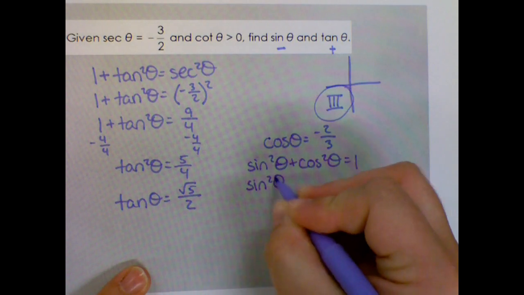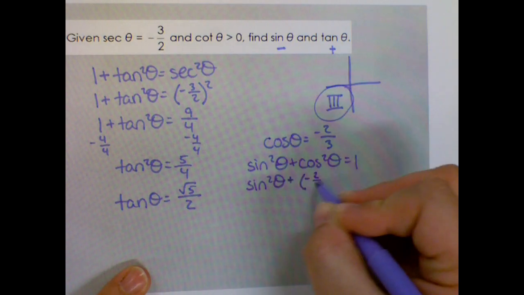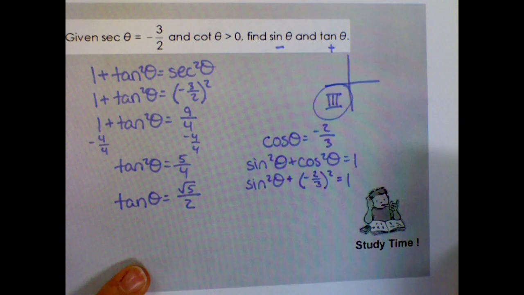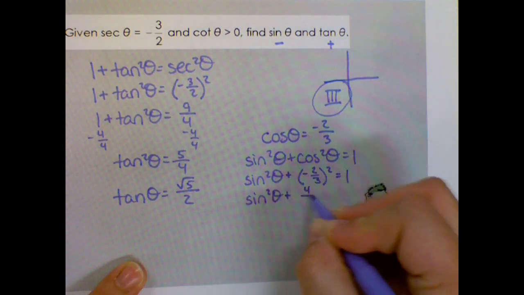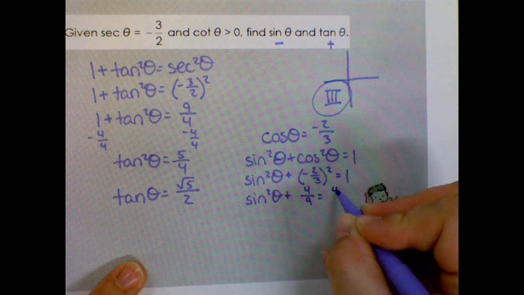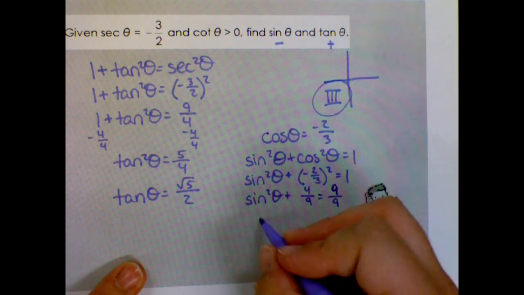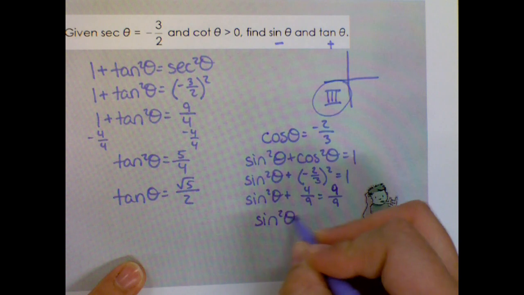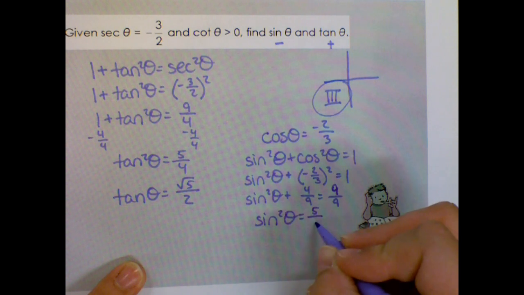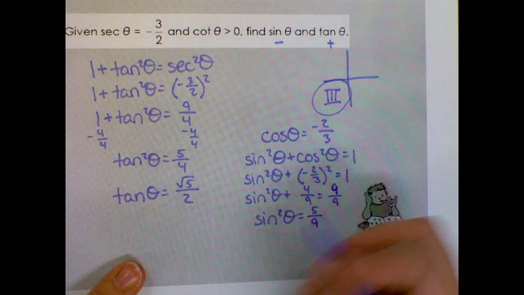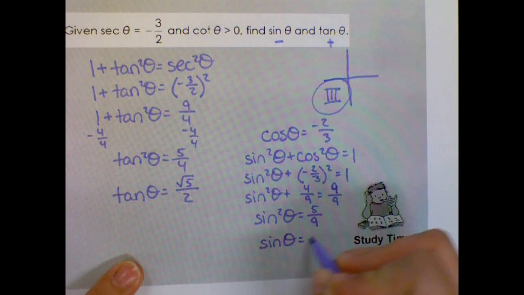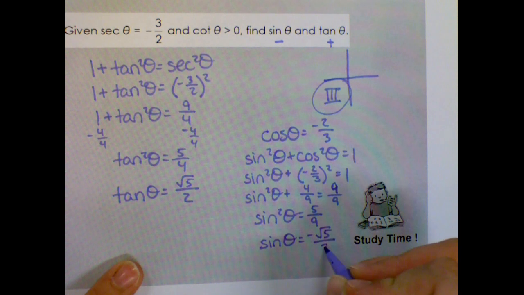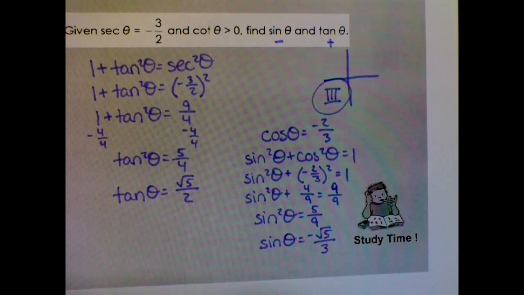So sine squared plus negative 2/3 squared equals 1. Sine squared plus 4/9 equals 9/9. Sine squared equals 5/9. We know that the sine is negative, so sine is negative square root 5 over 3 when we square root it.